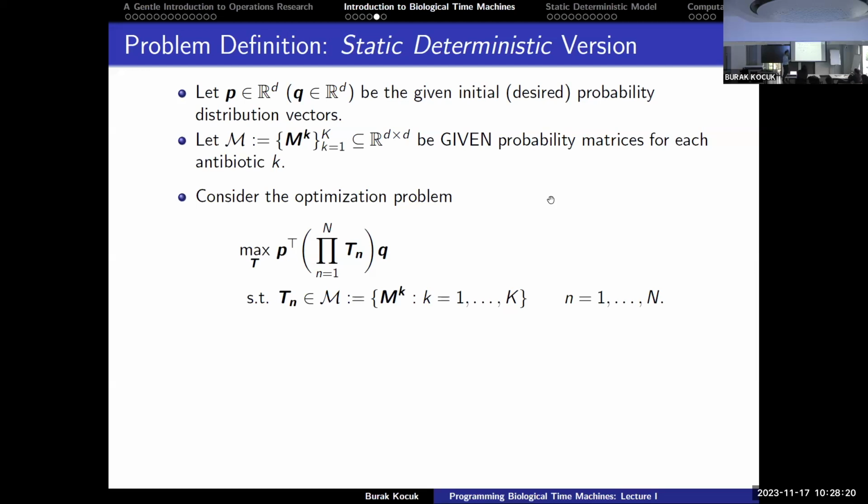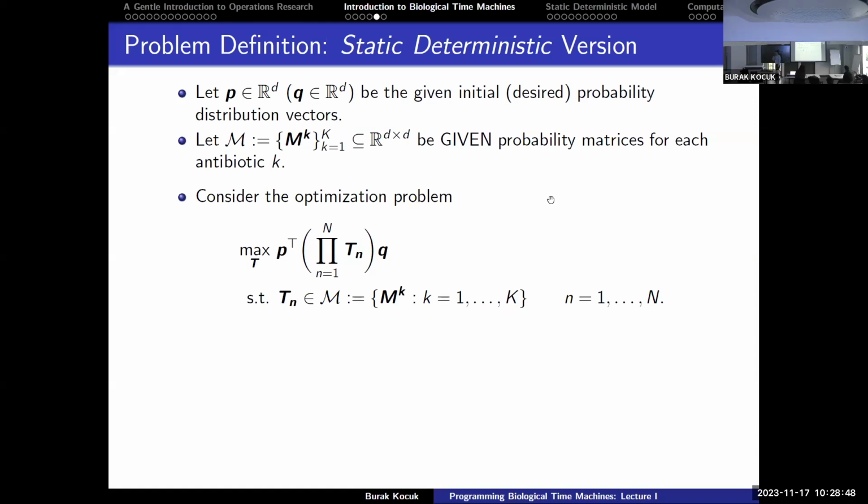So as we can see, we have exponentially many options. And what is the objective function? The objective function starts with the initial distribution P, so we pre-multiply the transition matrices, which are unknown variables, and then we post-multiply with where we want to end up.